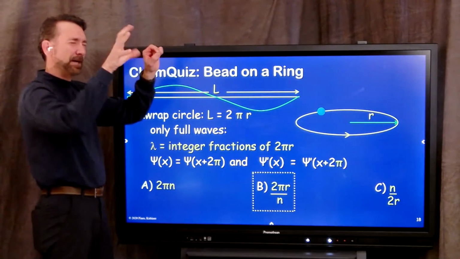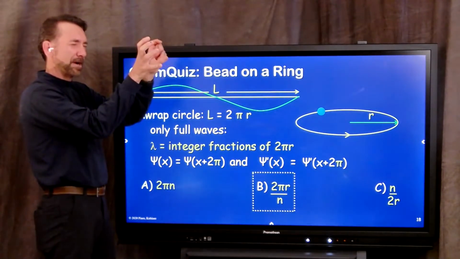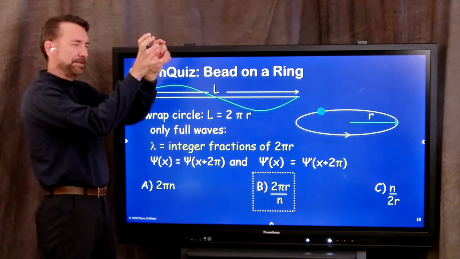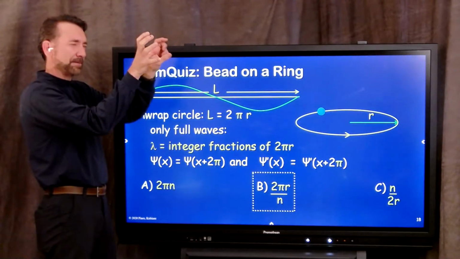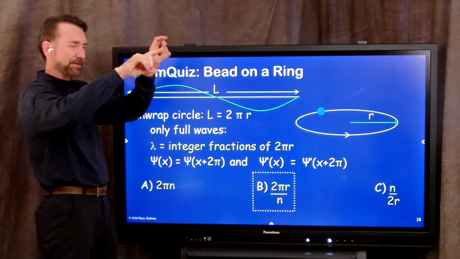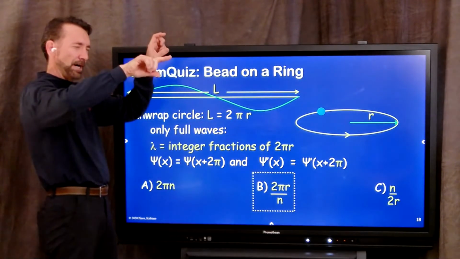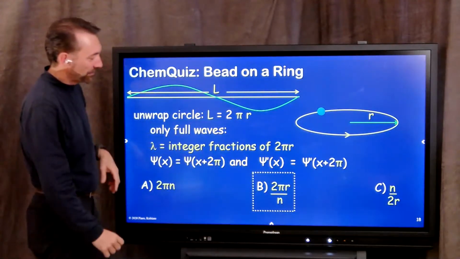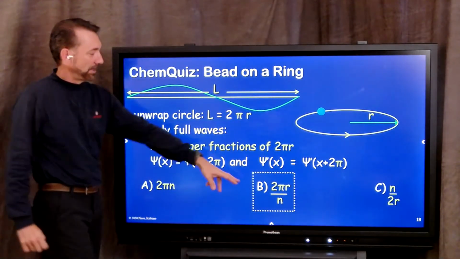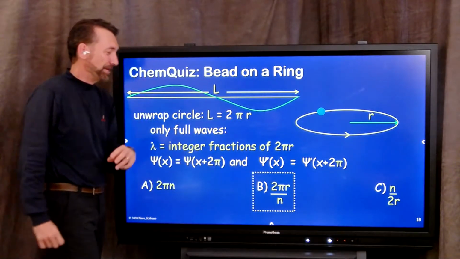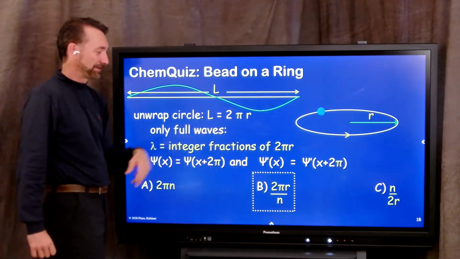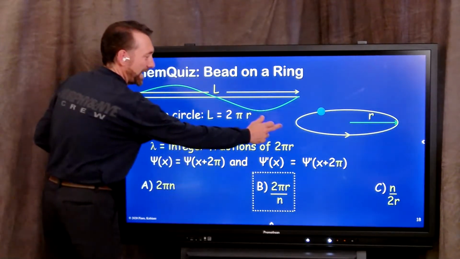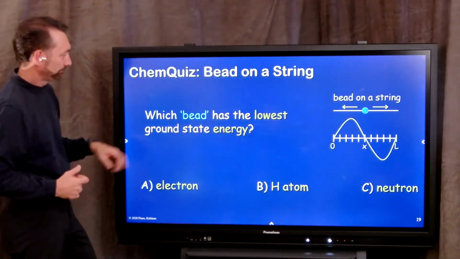L is lambda 2 pi r n. N times lambda, divide lambda to the other side. So n times lambda is 2 pi r over n. Yes, so that works out. Sorry that I'm also asleep this morning, but you can work out that math as well.